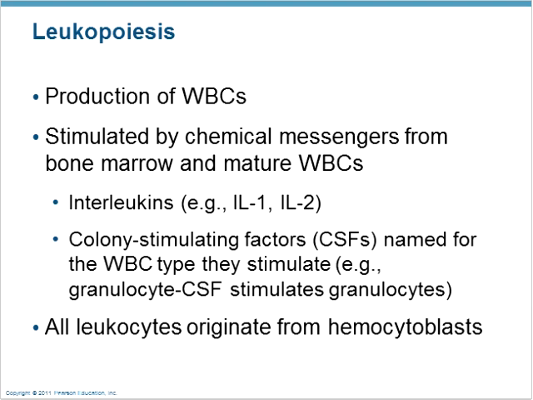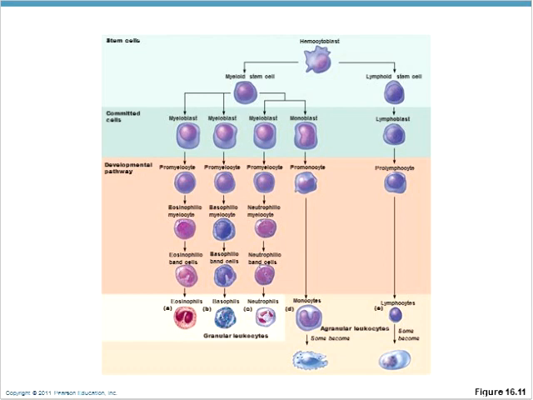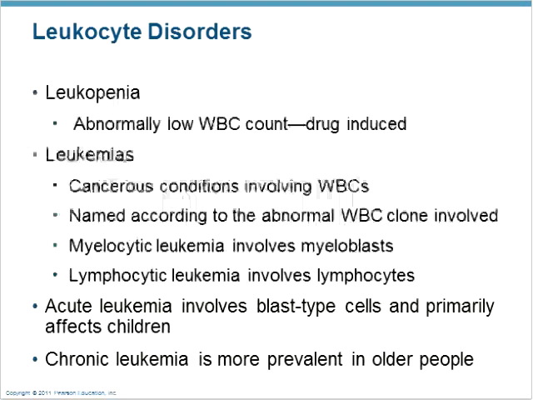In other words, there is granulocytic CSF, which stimulates granulocytes, and non-granulocytic CSF, which stimulates, guess what, agranulocytes. All leukocytes originate from hemocytoblasts, just like the red blood cells did, as those stem cells. This takes you through that process of differentiation as it goes down. It's important to take a look at that in your book.